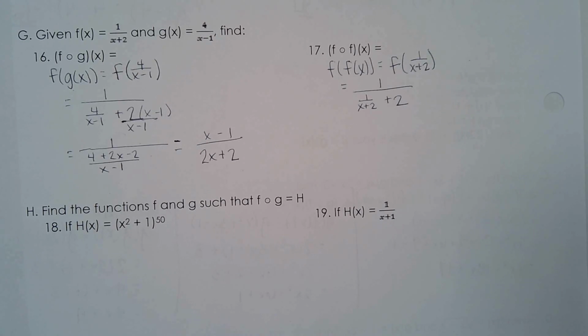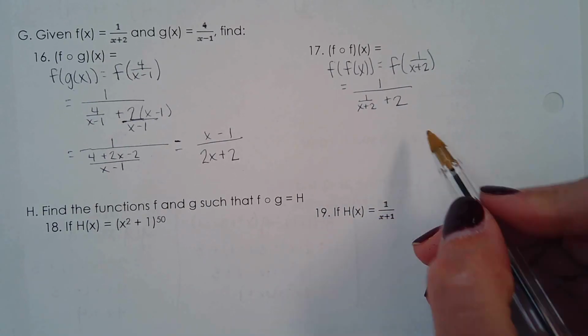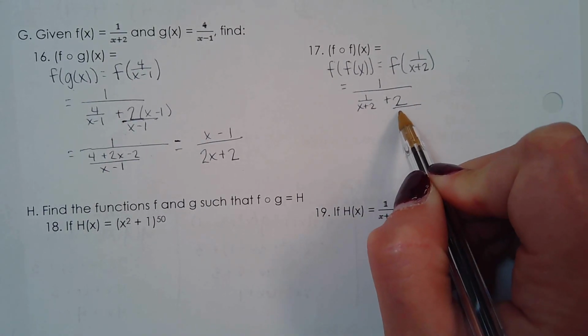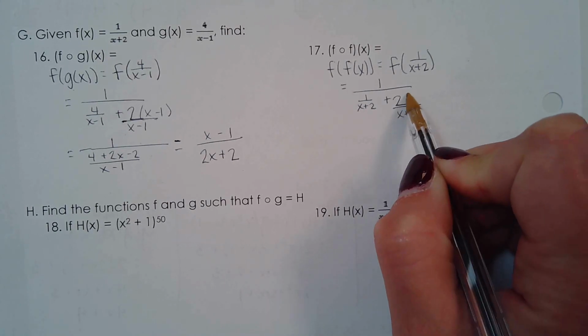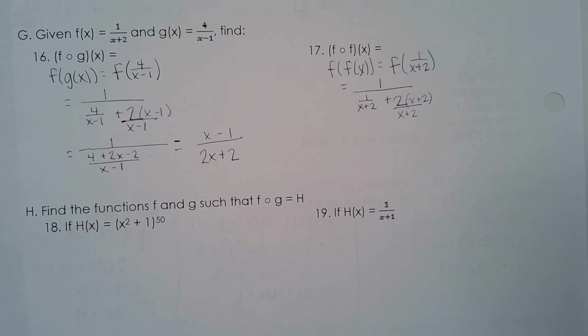So again, when we want to add those fractions on the bottom, what kind of denominator do we need over here? Plus 2. So if you have it on the bottom, you also have to have it on the top to balance that out. So times x plus 2 on top. Is that okay? All right.